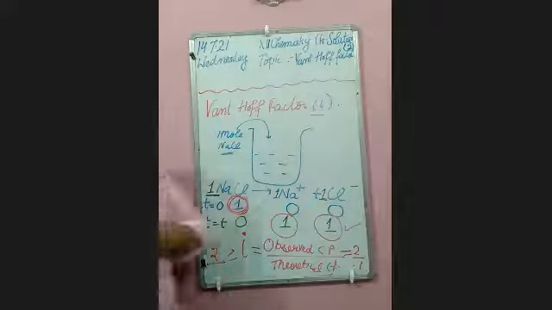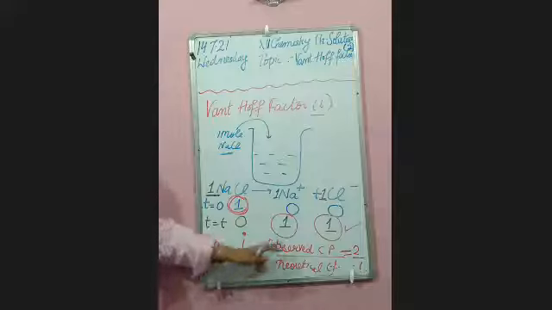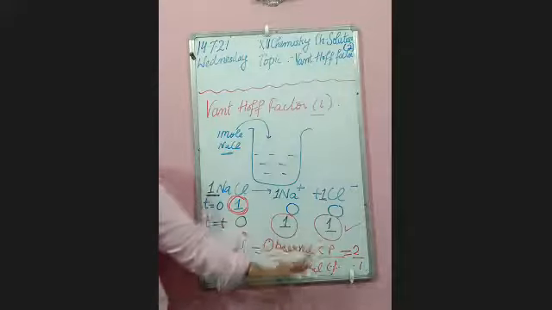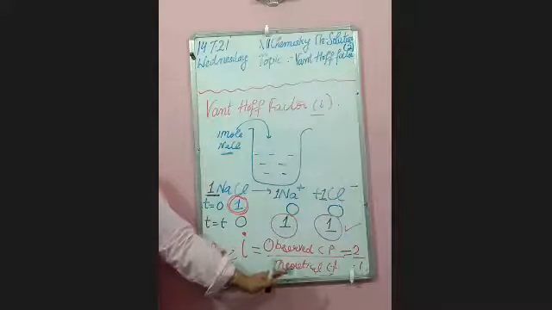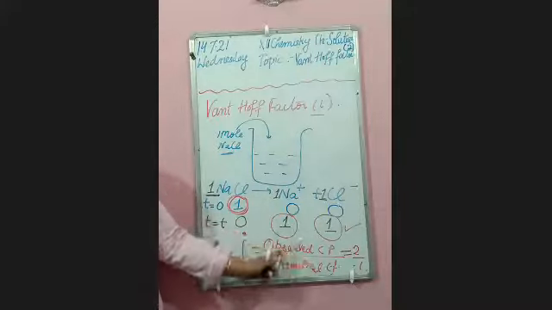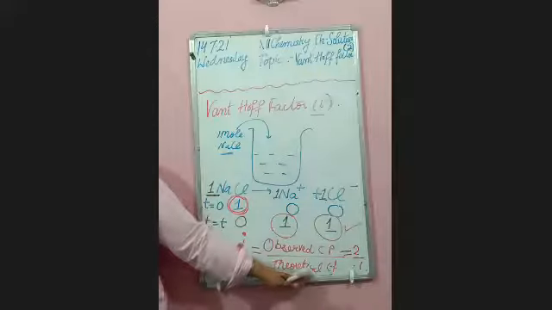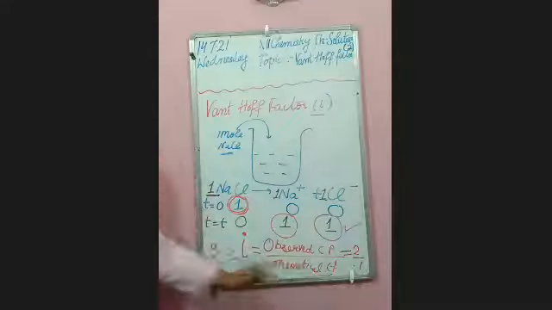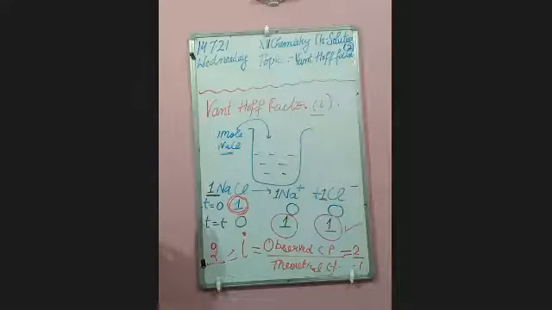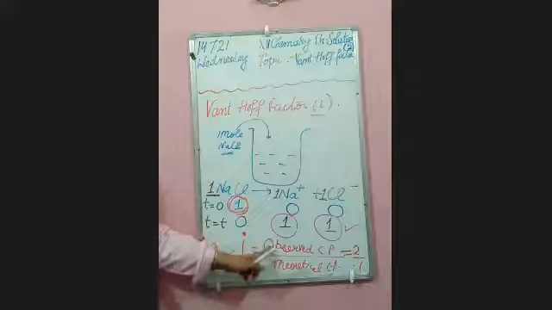In case of dissociation, its value is equal to observed colligative property over theoretical colligative property, or you can say experimental value of colligative property over calculated value of colligative property.